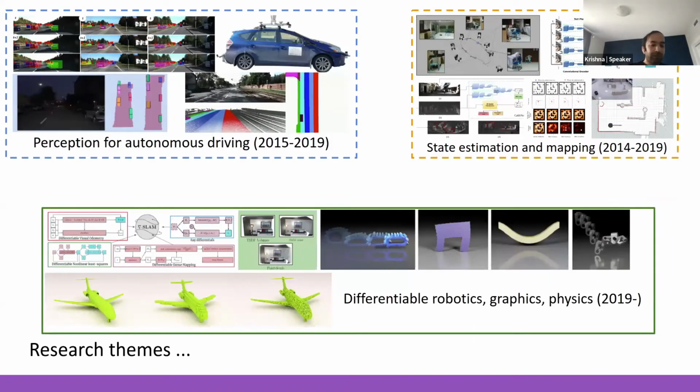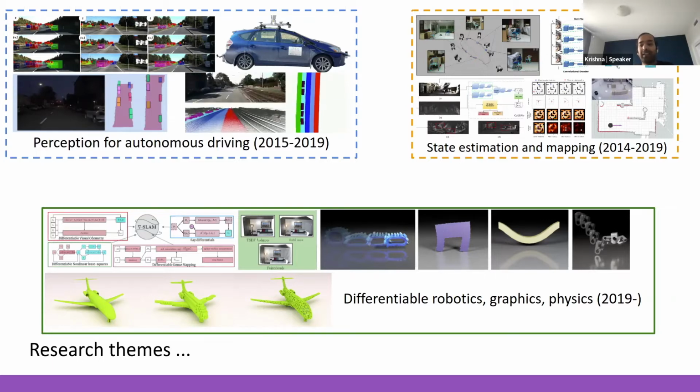And over the past few years, I've been working on a number of themes. I've worked on perception for autonomous driving. This was back during my master's. And for a while, I did some work on state estimation and mapping. And more recently, I've been thinking about, with ML taking center stage in a lot of applications, including robotics, how do we best bring together modern machine learning systems and classical robotics?